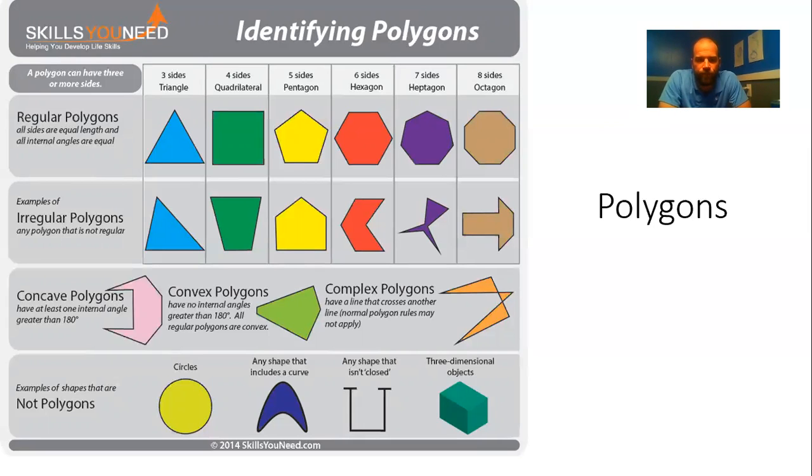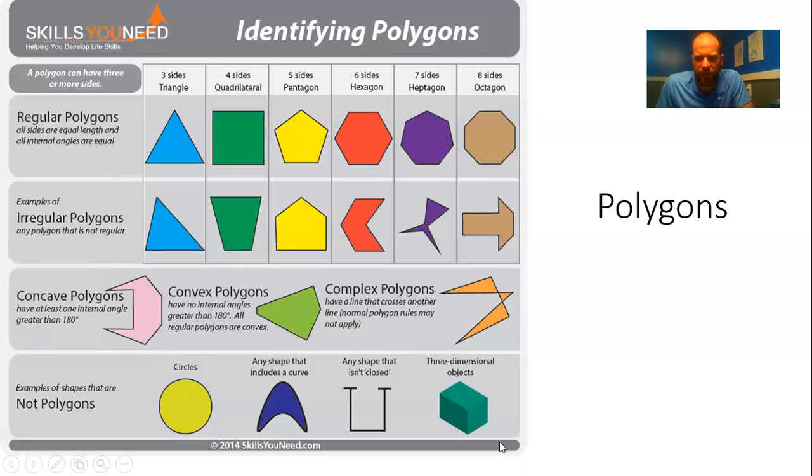And that's okay. We have concave versus convex. So all that means is if your shape is indented, it's caving in, so it's concave. If it's not indented, then it's convex. It's not caving in, it's convex, and we don't work with complex polygons, so you can ignore that.